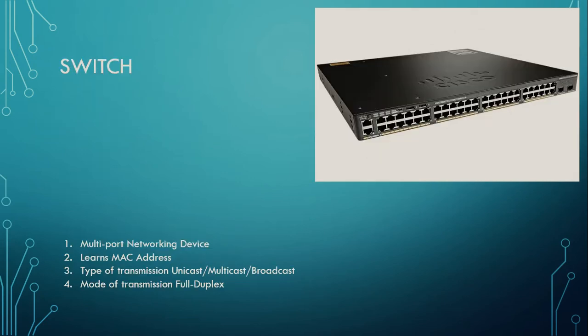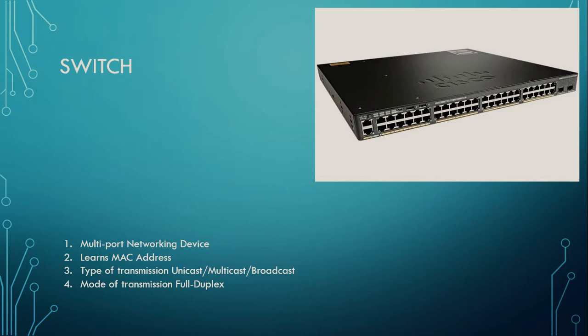Then we have a switch. Now a switch is a bit different device than hub. Switch is basically smarter than hub, so you can say it's an elder brother of hub. So what is a switch? Hub sends every incoming bit to all the other interfaces, creating lots of unnecessary traffic.